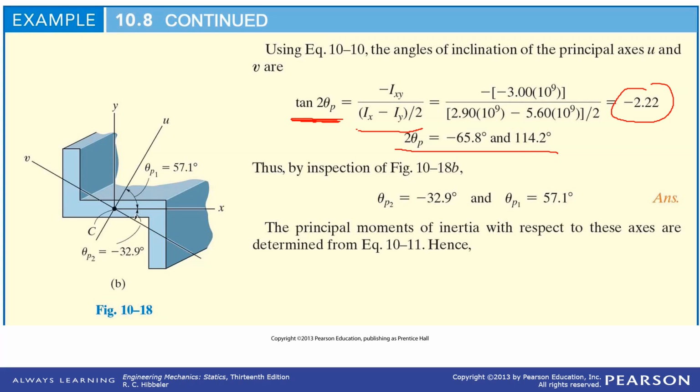So we have theta P1, or excuse me, theta P2. That was theta P2, theta P1. Okay. Let's go find the minimum and maximum now.